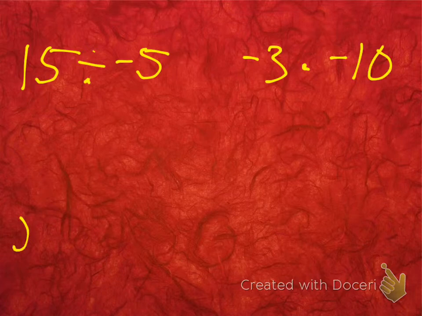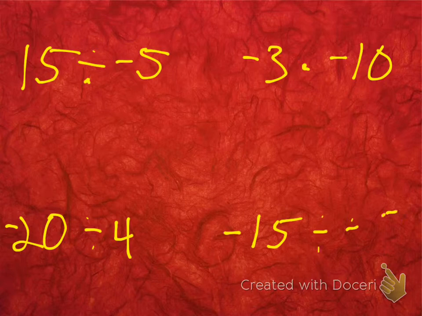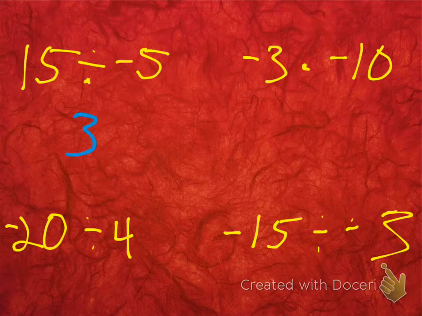And negative 20 divided by positive 4, and negative 15 divided by negative 3. Okay. 15 divided by negative 5. What's 15 divided by 5? Are their signs different or the same? They're different, so my answer is a negative.